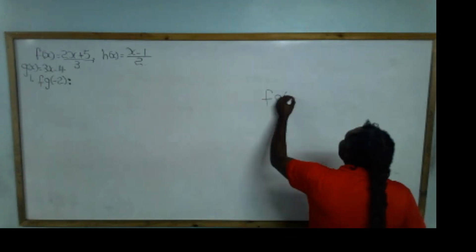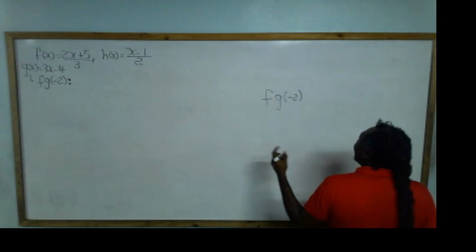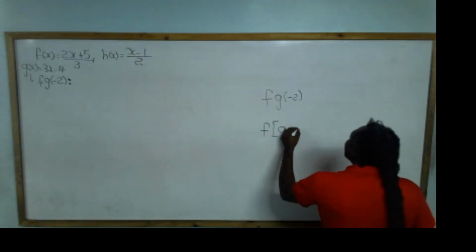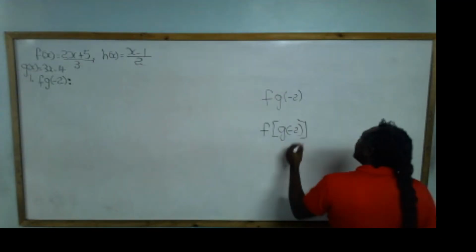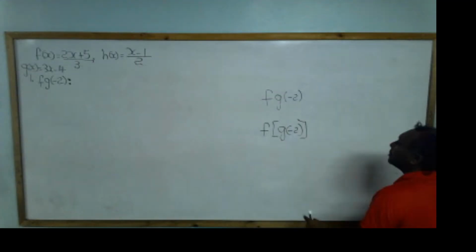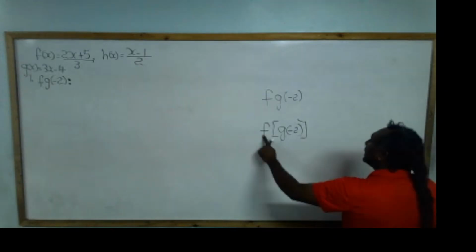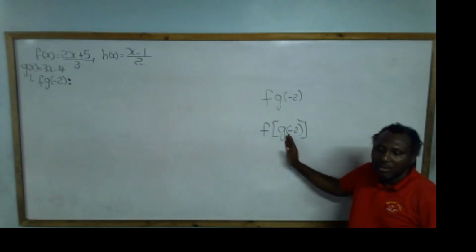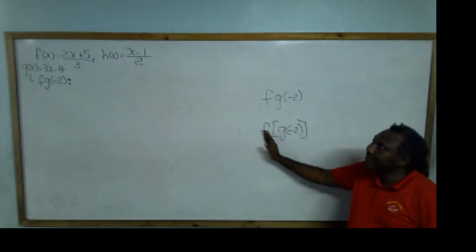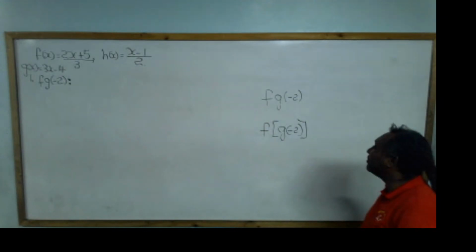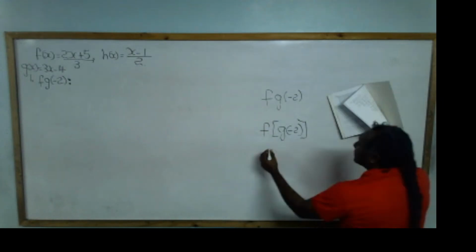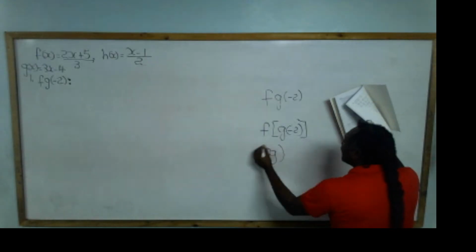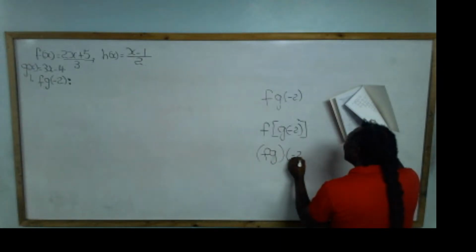The f of g of negative 2 can be like this. F is operating on g of negative 2. In this case, we will find g of negative 2 and cause f to operate on it. Then, it may also be written like this: f of g of negative 2.